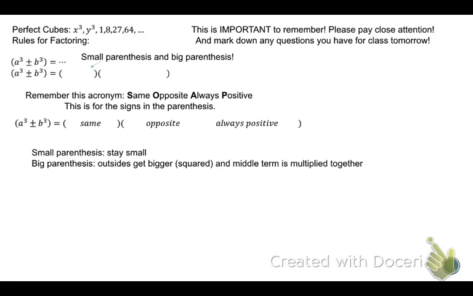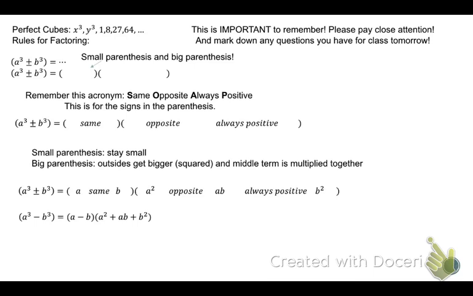The big parenthesis gets bigger, which means the outsides get squared, and the middle term is multiplied together. So the small parenthesis stays small, so that's going to be a and b. The big parenthesis gets bigger, so that's going to be a squared and b squared on the outside, and a times b in the middle. Okay?